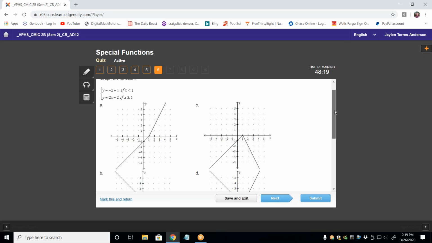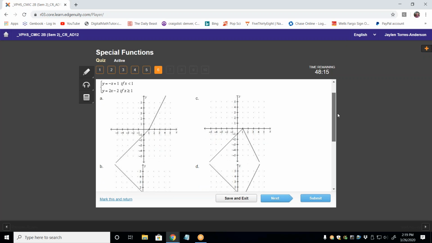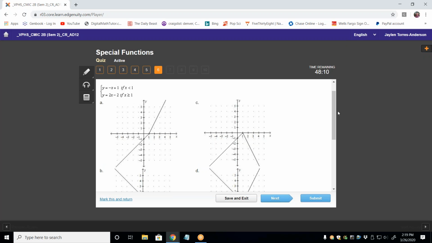Now, this one's a little different. Where am I going to draw my vertical line here? It's actually the equation of a line is either x equal 1 or y equal 1. What is it? It's x equal 1. No, vertical lines are x equal. Horizontal lines are y equal.